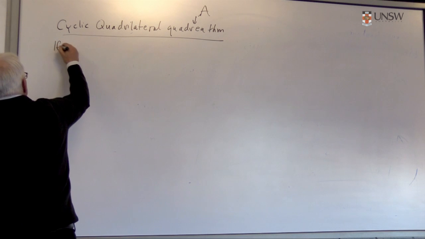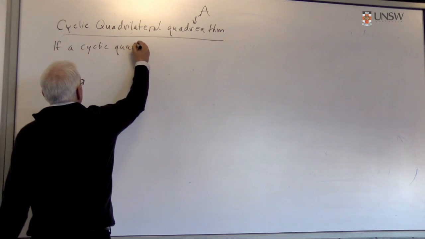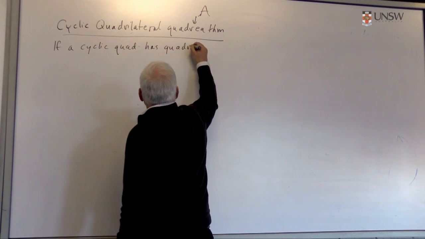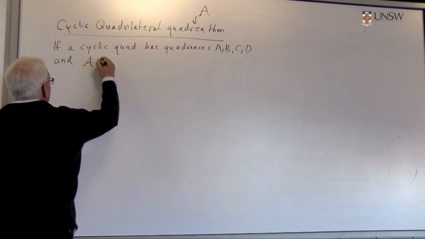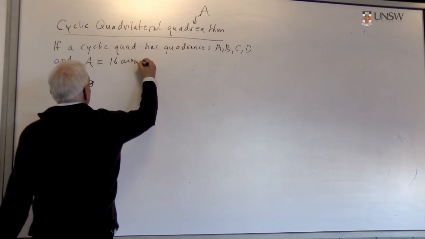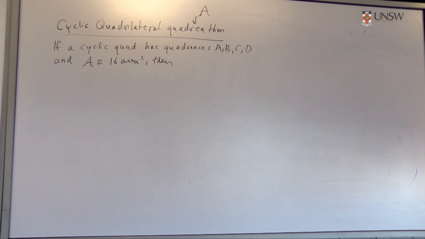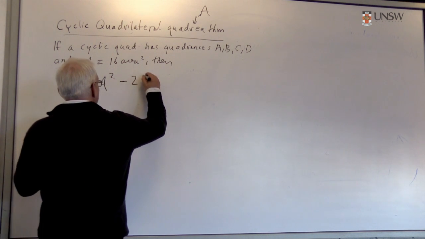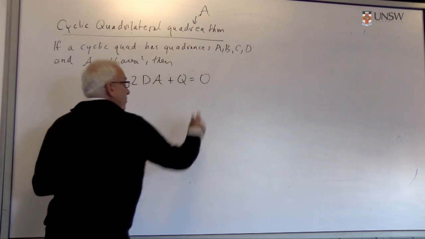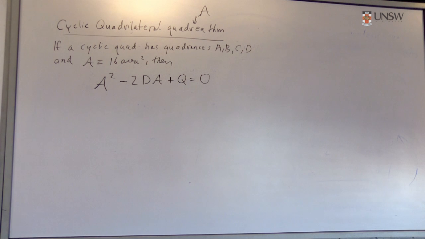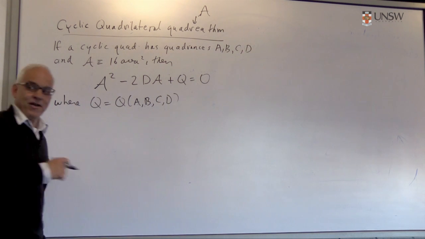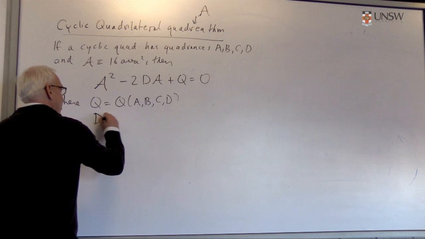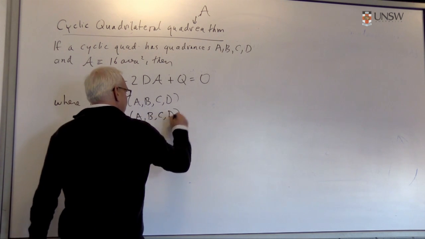It says that if a cyclic quadrilateral has quadrances A, B, C, D, and A equals 16 times the area squared, then the relationship between the square of the area and these 4 quadrances is given by a quadratic equation: A squared minus 2dA plus Q equals 0, where Q is Q of A, B, C, D, our quadruple quad function, and D is D of A, B, C, D, our Descartes function.